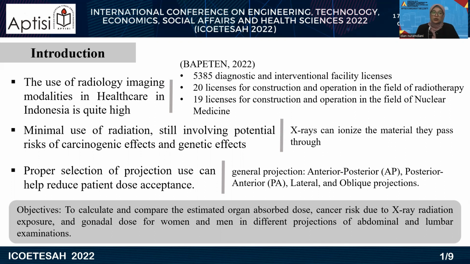So the purpose of this study was to calculate and compare the estimated organ absorbed dose and cancer risk due to X-ray radiation exposure with different projections in abdominal and lumbar examinations, and the dose received by the gonads of women and men in different projection examinations. It is hoped that an appropriate projection can be found to enforce radiation protection, especially in terms of reducing organ absorbed dose and cancer risk.